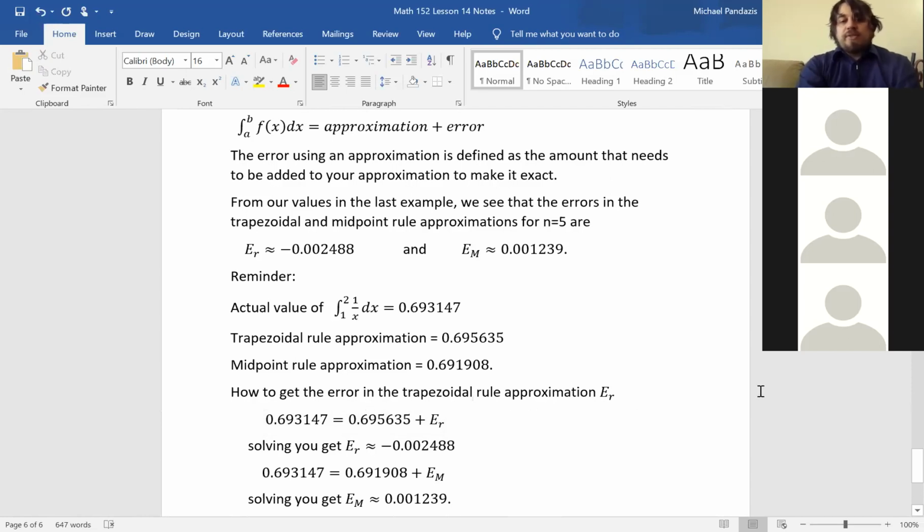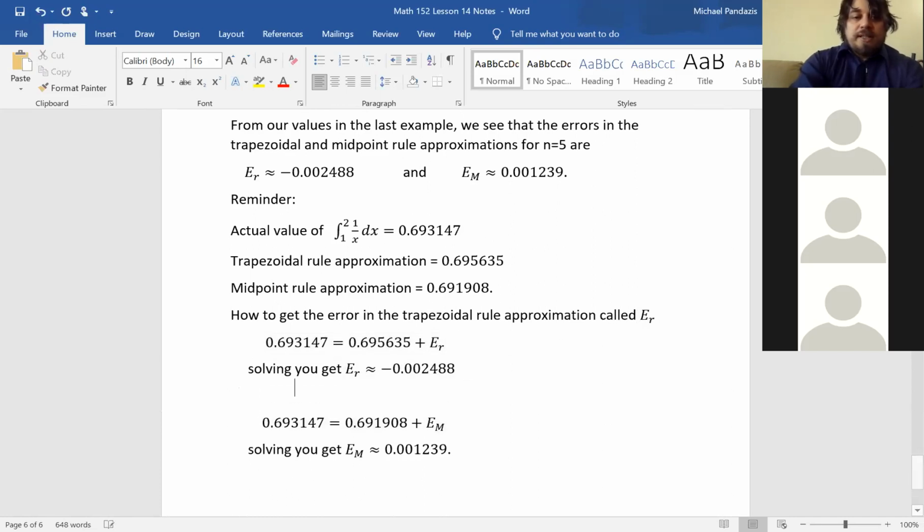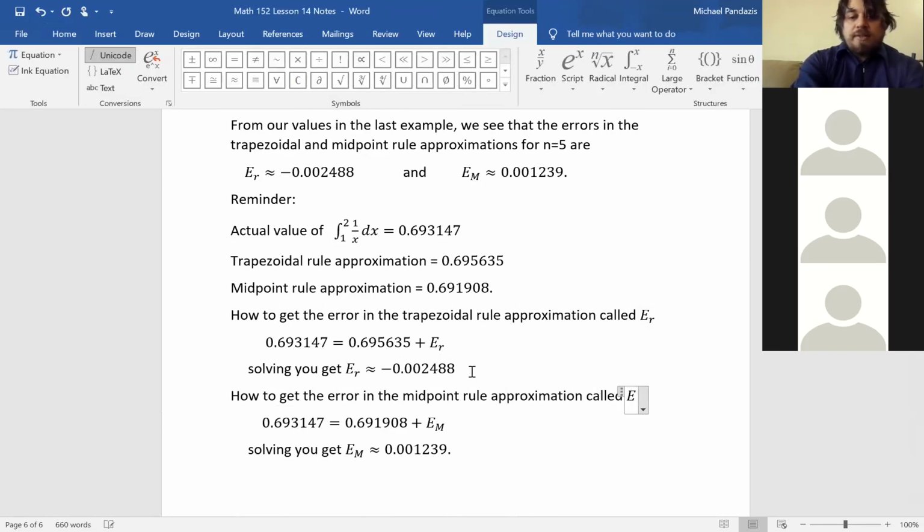So how to get the error in the trapezoidal rule approximation, called E sub r. That's this. And then how to get the error in the midpoint rule approximation, called E sub m.